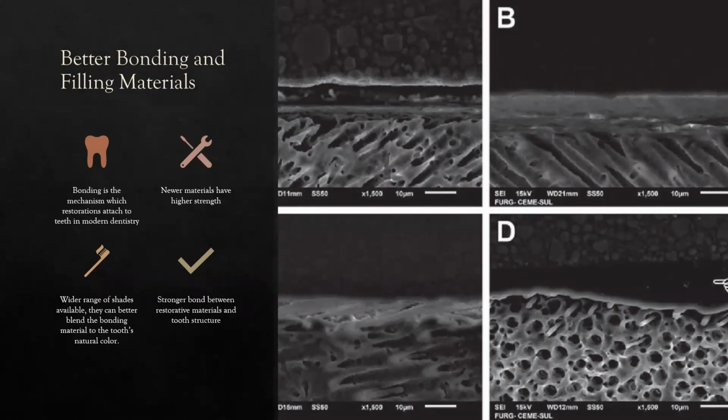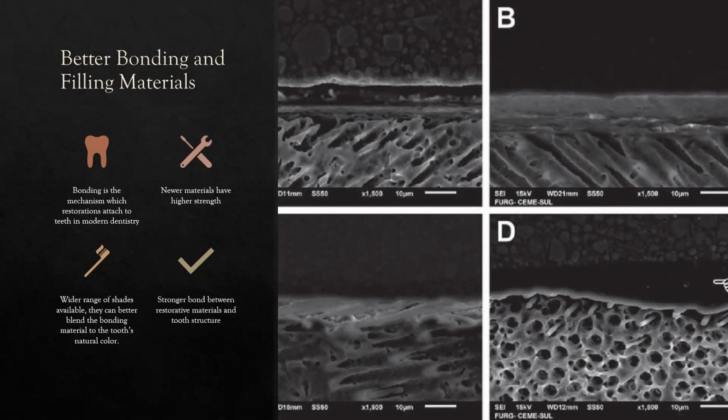So now we have direct and indirect restorations, and the way we glue them is through bonding. Bonding is a mechanism where we have two things. One is a chemical bond, and the other one is called micromechanical bond.